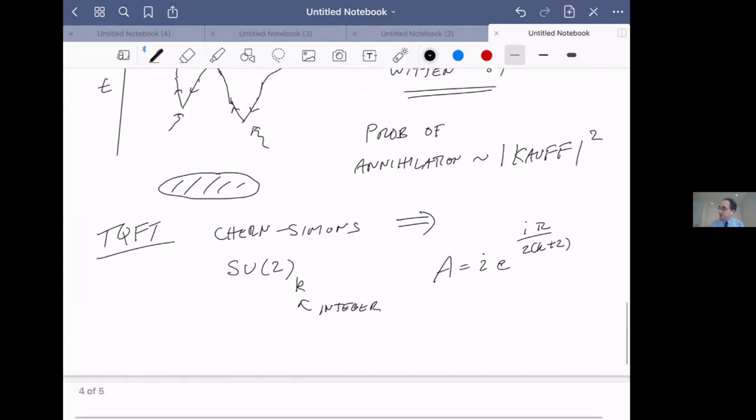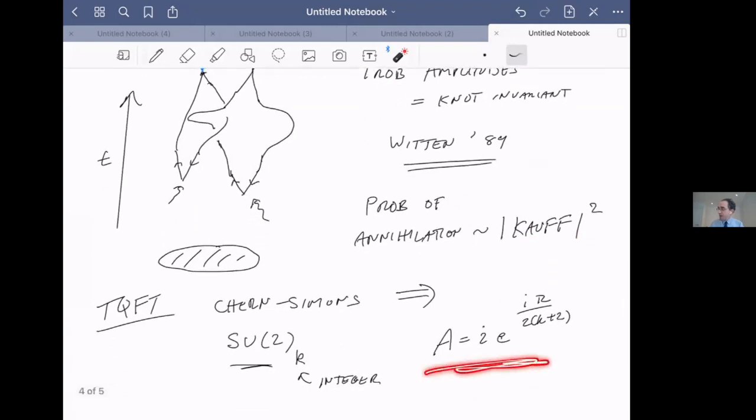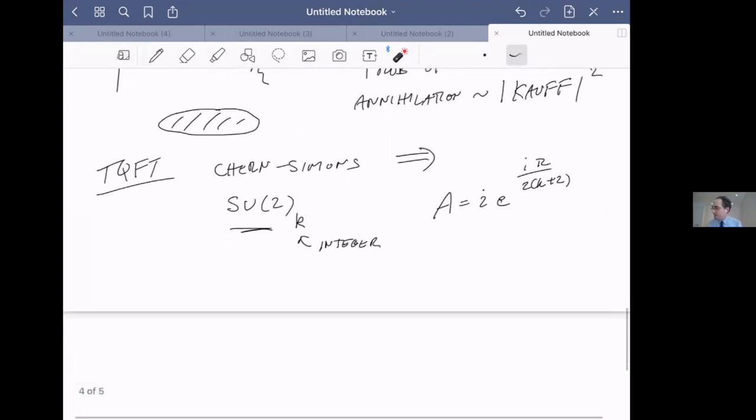So if you're looking at this particular type of topological quantum field theory and you try to bring the particles back together and reannihilate, you just take this knot, calculate its Kauffman invariant using this value of A, square it, and you get the probability of all the particles reannihilating, up to a normalization, which I'm not going to mention just because it's a detail.